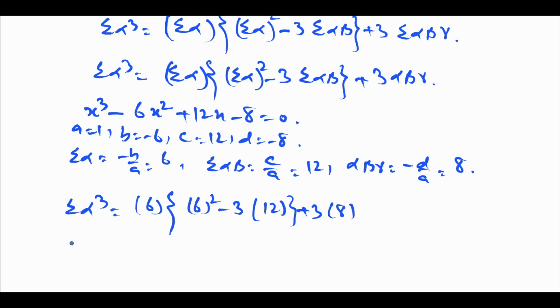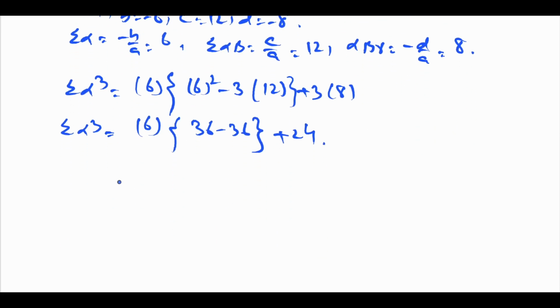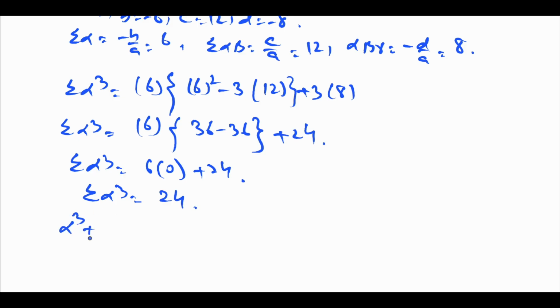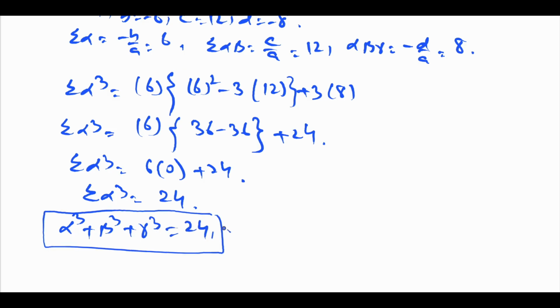So this is 6 into 36 minus 36, plus 24, which is 6 into 0 plus 24. So sigma alpha cubed is equal to 24. That is, alpha cubed plus beta cubed plus gamma cubed is equal to 24.